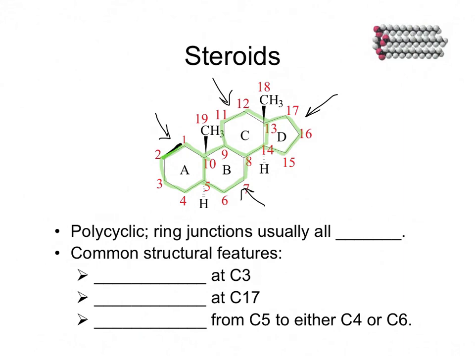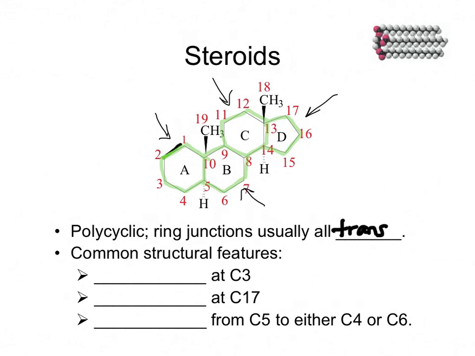Now we're going to see there are going to be different groups sticking off here and there, double bonds in there, whatever, but you're going to see that basic unit outlined in green in every single one of the examples that we'll look at. So they're polycyclic. The ring junctions are usually all trans. My pen is nice and thick for us. I'm going to adjust that back down a little bit. So the ring junctions are usually all trans, and you can see that.